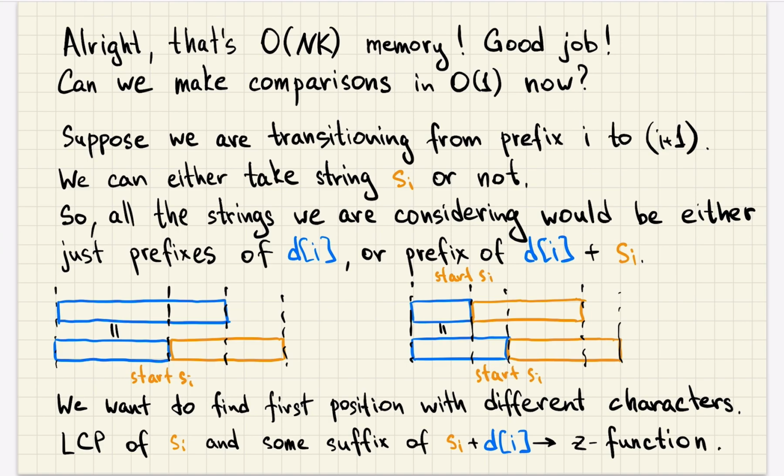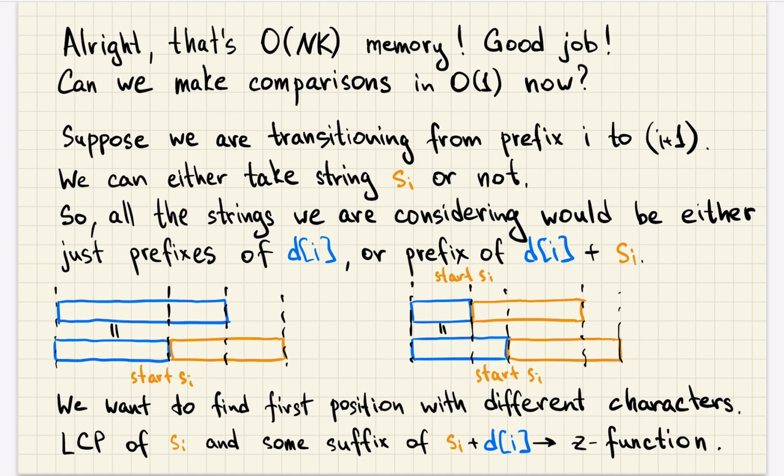So suppose we are doing the transition. We were staying at prefix i and we want to recalculate dp for all lengths for prefix i plus 1. So from each valid state, we can either just leave it be, or we can take string s_i and concatenate it in the back of our current string.